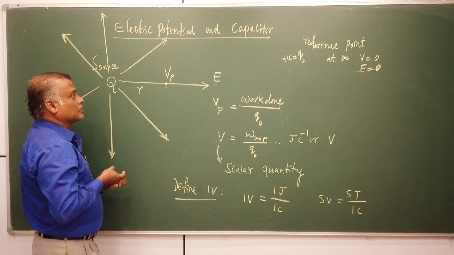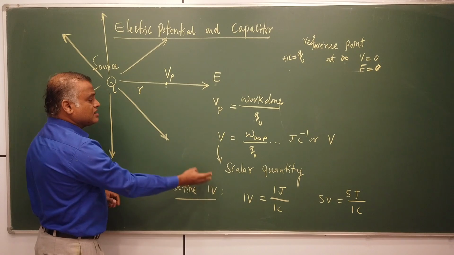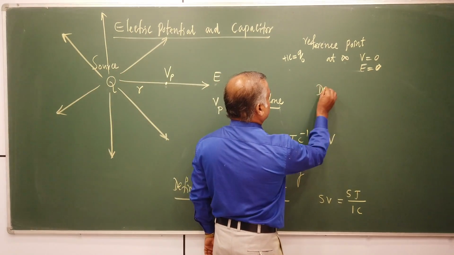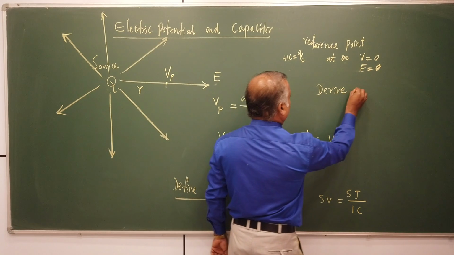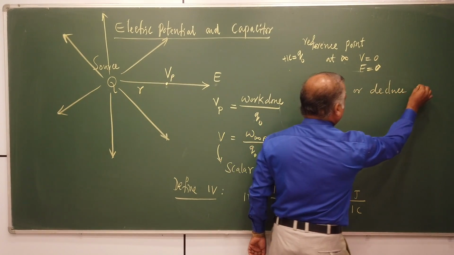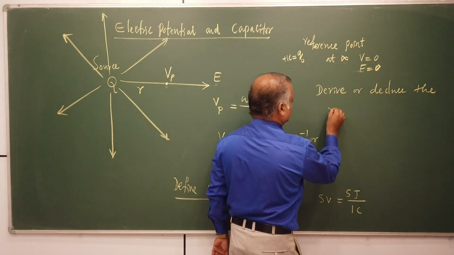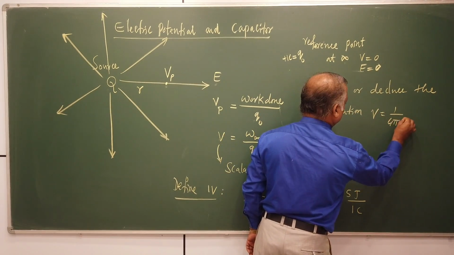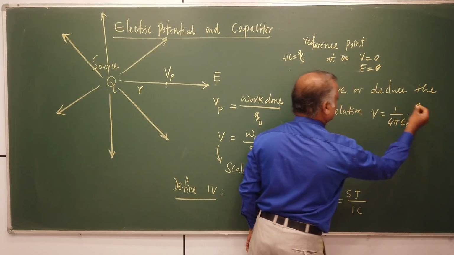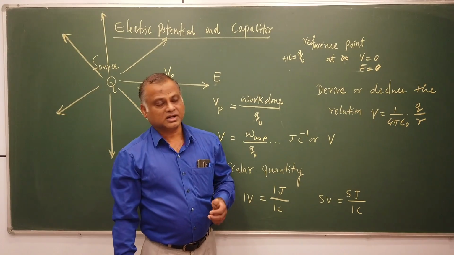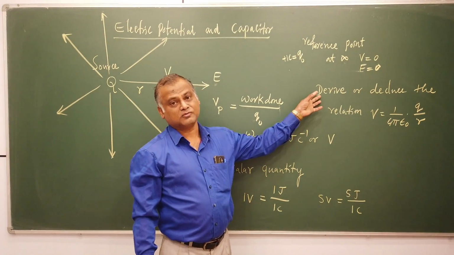Now the question is, after learning this basic definition, you have to derive or deduce the relation. For a board paper, you may expect this for a 5-mark question.